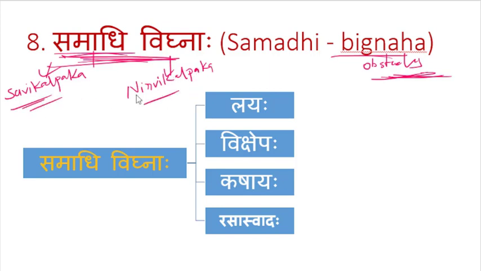Savikalpaka and Nirvikalpaka. See, Samprajnata and Asamprajnata are used in Yoga, but Vedanta won't accept them. They accept only Savikalpaka and Nirvikalpaka.